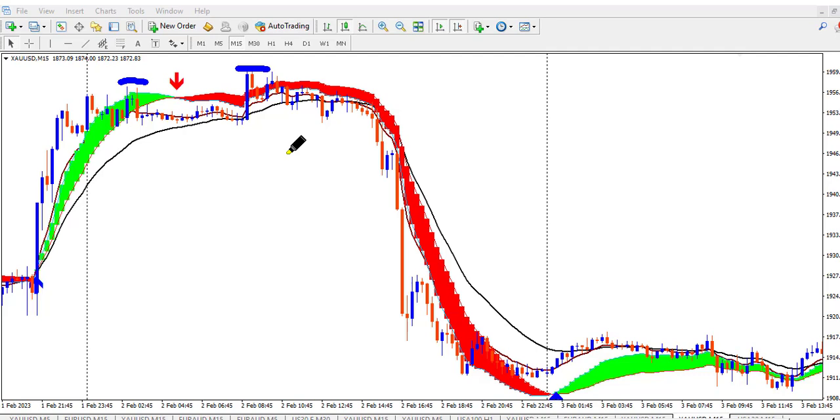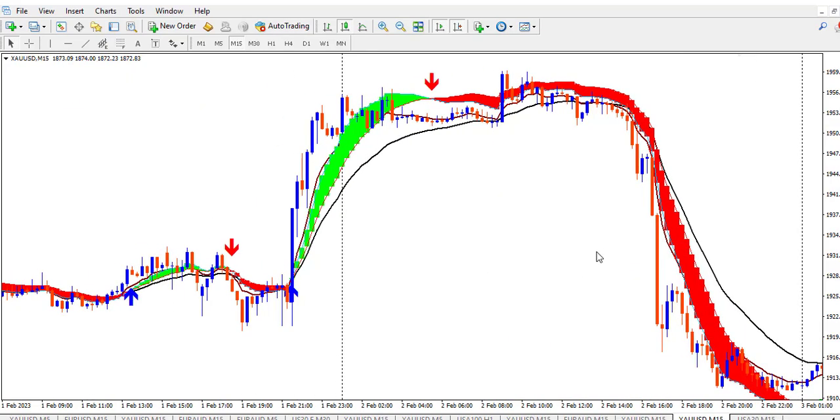But combining this indicator with moving averages makes it easier and more secure for us to place a trade with this setup. At this point we have the two moving averages crossing, so this is the right point to place this trade, and you are going to win most of your trades if you follow this simple strategy.